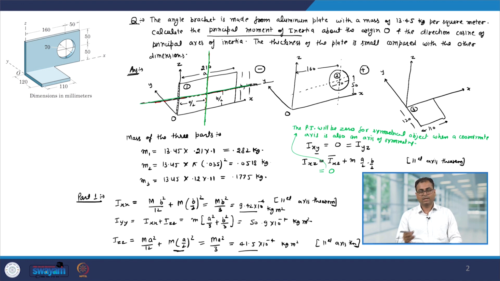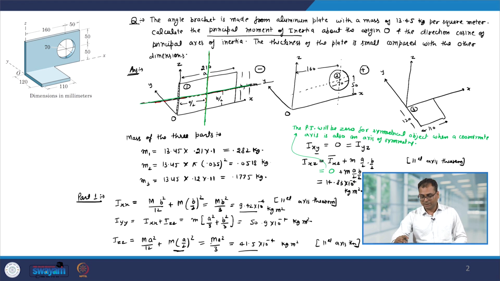So, you can see here that the green axis is the axis of symmetry, therefore, the product of inertia about it will be 0 plus m into a by 2 into b by 2. Okay. And the value of a, b and m is known. So, that comes out to be 14.83 into 10 to the power minus 4 kg meter square.